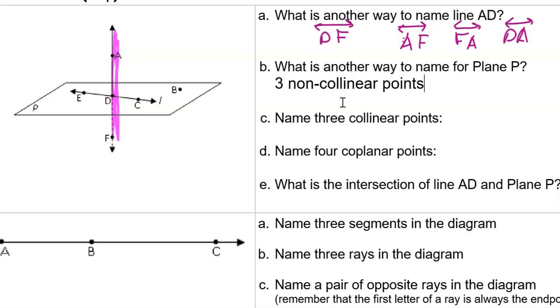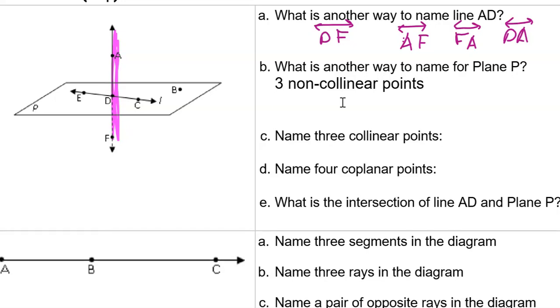This is very important because the one wrong answer here is EDC, because they're all points on the same line. But you could do plane EDB, DCB, BCE, BDE. Any of these combinations where I'm not just picking the 3 points on the line. You notice I am not using the letter P because P is not actually a point, since it doesn't have the dot next to it.